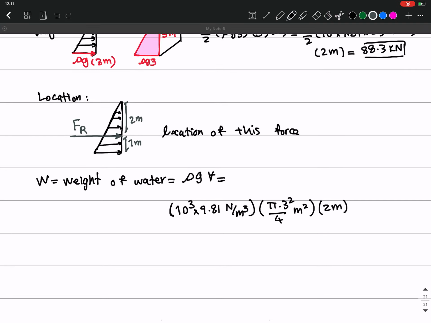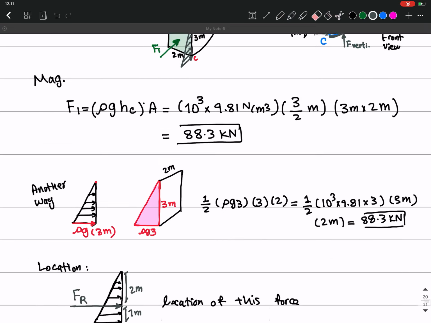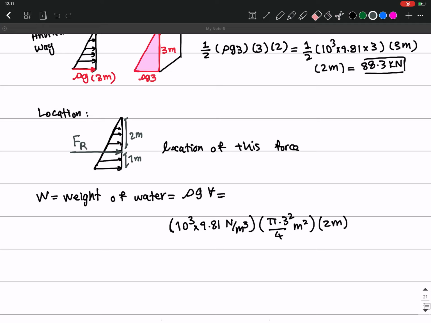And this is going to be the total force for the weight of the water, which, if you calculate, is going to be 138.6 kilonewton.